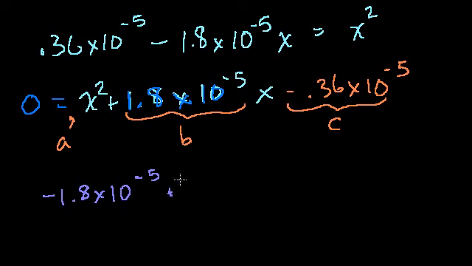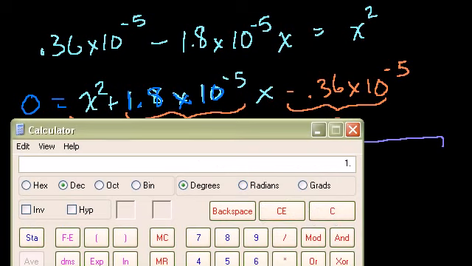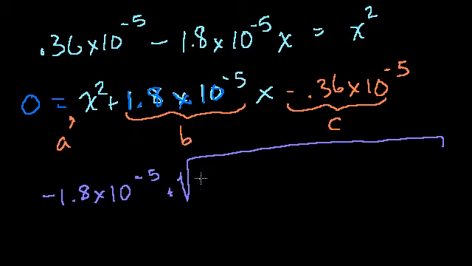So plus the square root, I have to do a lot of math here, of b squared. So it's 1.8 times 10 to the negative 5, so it's 1.8. If you square it, it's 3.24 times, if you square 10 to the minus 5, that's 10 to the minus 10, minus 4 times a, which is 1, times c, which is minus.